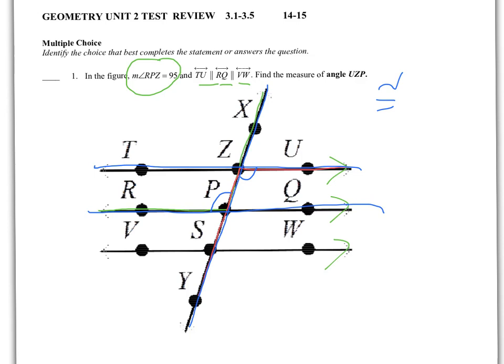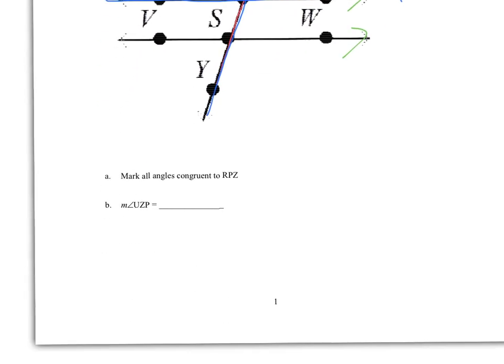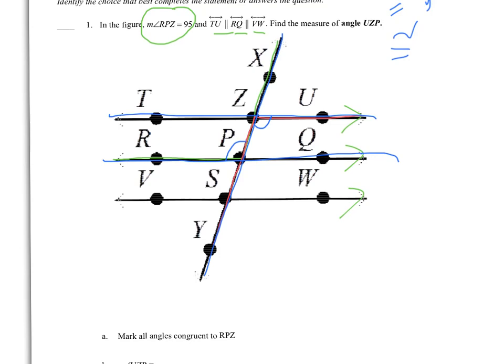Therefore, the measure of UZP is 95 degrees as well. All the angles congruent to these, of course, vertical angles, alternate interior, and vertical, since they're all parallel, we can find all these 6 angles to be congruent.